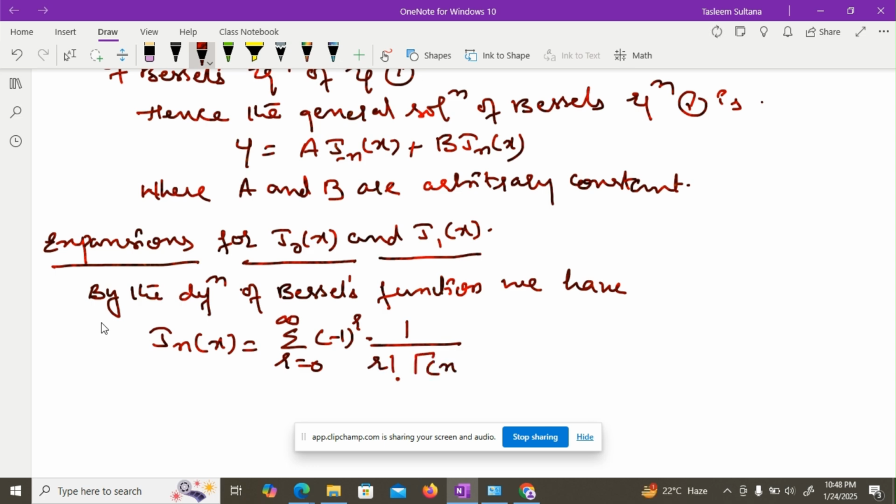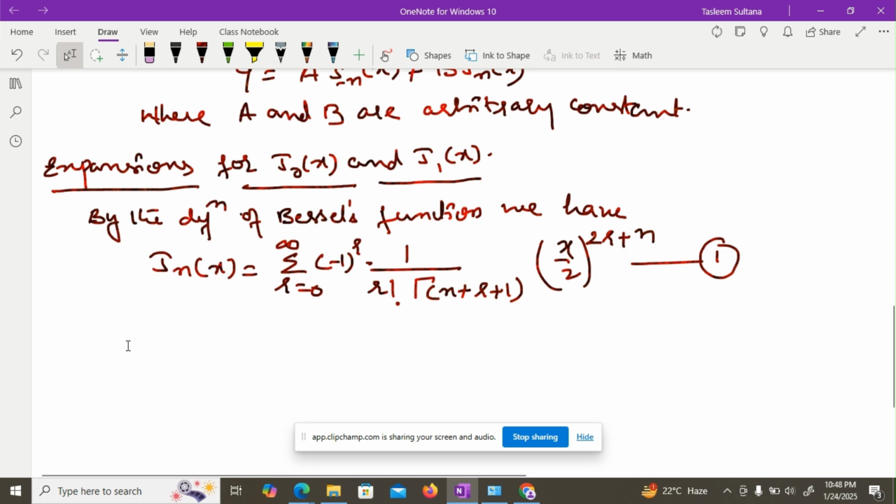Jn of x is equal to summation r is equal to 0 to infinity, minus 1 to the power of r into 1 divided by r factorial gamma of n plus r plus 1 of x by 2 to the power of 2r plus n. We'll mark this as equation number 1. Now we have to find J naught of x, so we will substitute n is equal to 0 in equation 1.